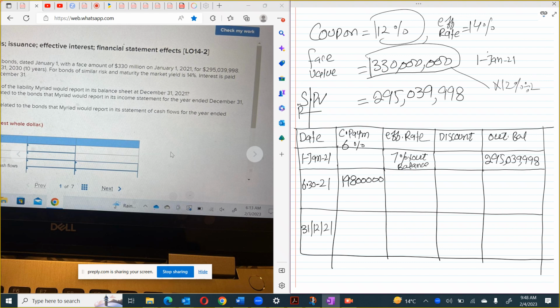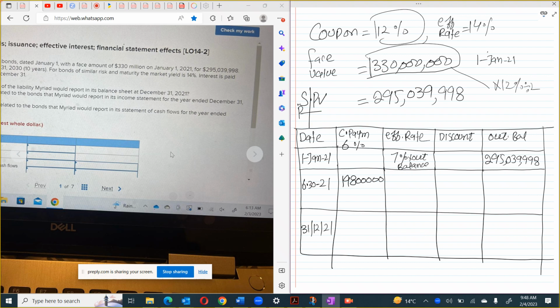So we will write here the cash. No, there's an arrow, you can click that one. It will be easy. No, debit is always cash. I told you, this is what this entry is requiring from you. So you will debit cash, we will credit the discount on bonds payable, and then credit the bonds payable.